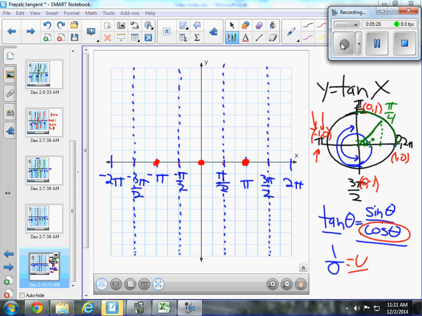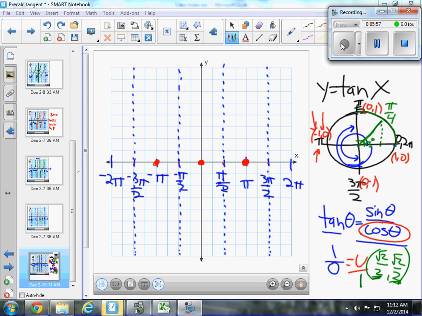And 45-degree angles on the unit circle have the coordinates, in some form or another, of radical 2 over 2 and radical 2 over 2. Sometimes they're positive and sometimes negative, but the values are those. If I divide radical 2 over 2 by radical 2 over 2, I get 1, so it's going to be either positive 1 or negative 1.